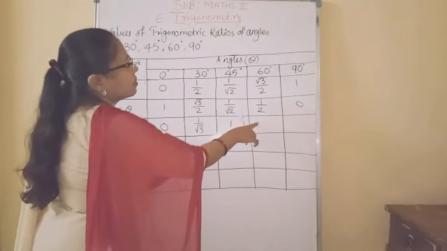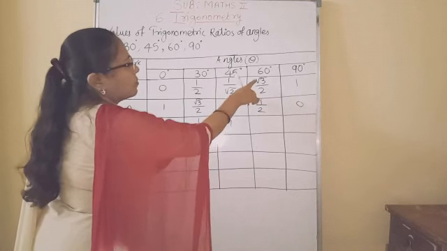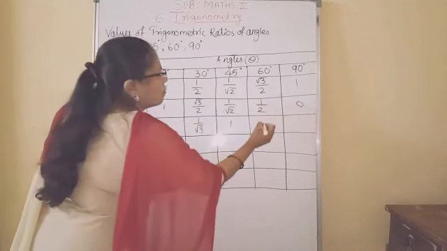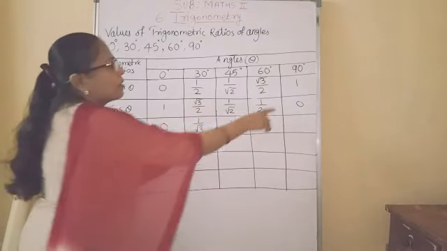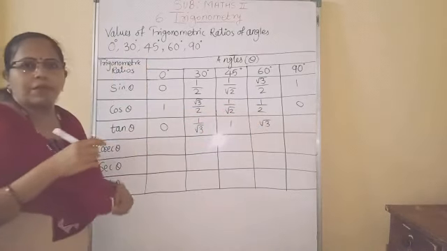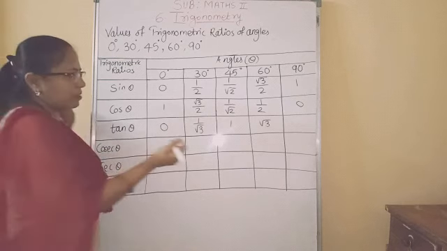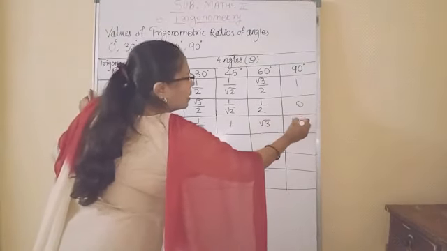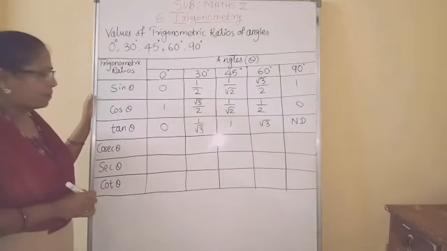Then root 3 upon 2 divided by 1 upon 2, we get root 3 upon 1, means root 3. Then 1 upon 0. If you divide any number by 0, that value is meaningless. It is not a rational number. So here we will write not defined. ND means not defined.